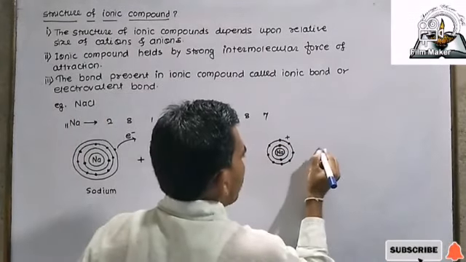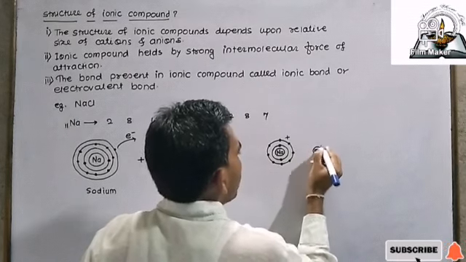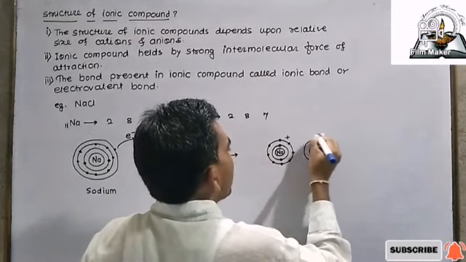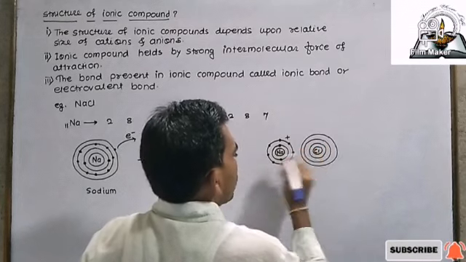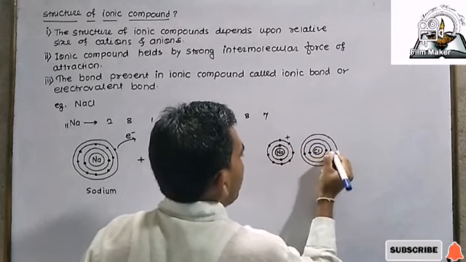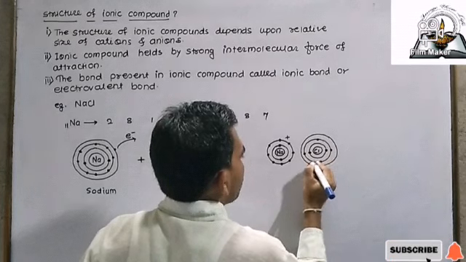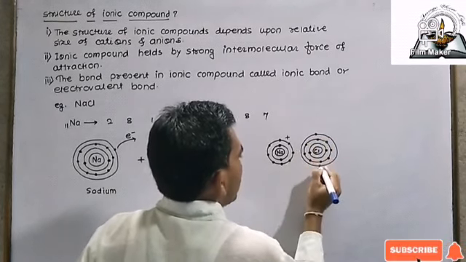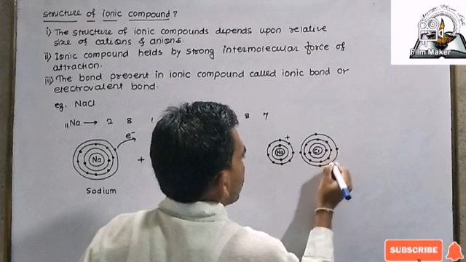And next one the chlorine. So chlorine, that is the Cl. So 2, 8 and next one the 8 electrons. So this is the first orbit में 2 electron, next one is में 8 electrons, and another one is the last one, that is the 8 electron, that is outermost orbit.